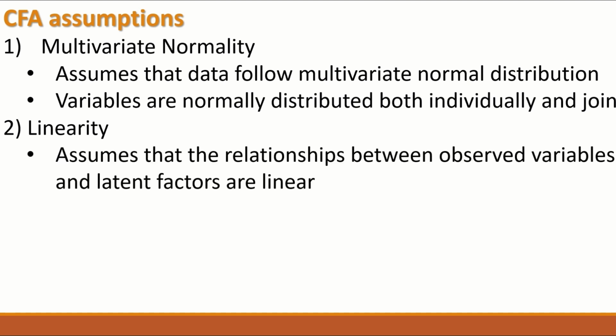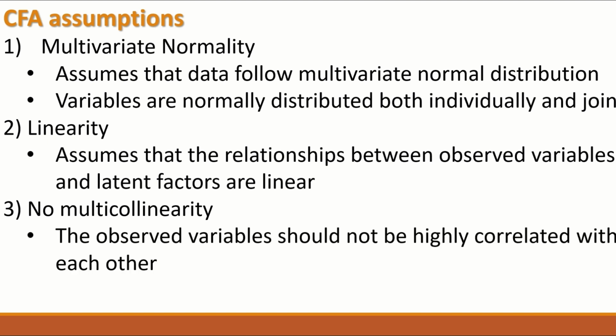The second assumption is linearity. It assumes that the relationship between observed or measurable variables and the latent factors or constructs is linear. The third assumption is no multicollinearity. The observed variables should not be highly correlated with each other, i.e. items within factor or factors should not have a high correlation value or coefficient.